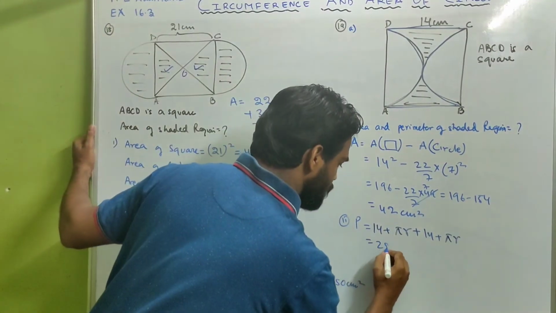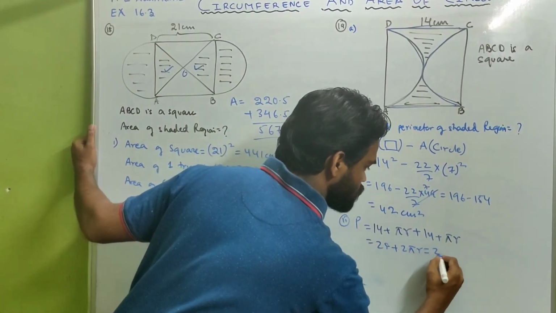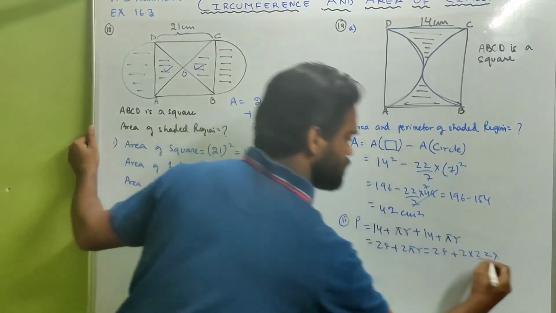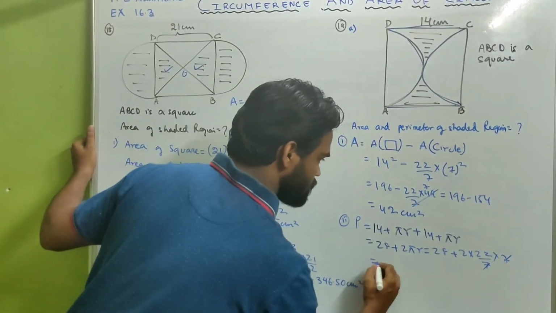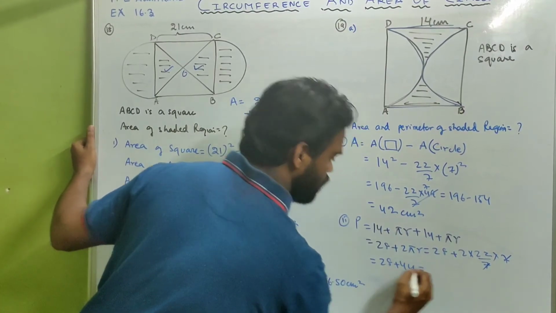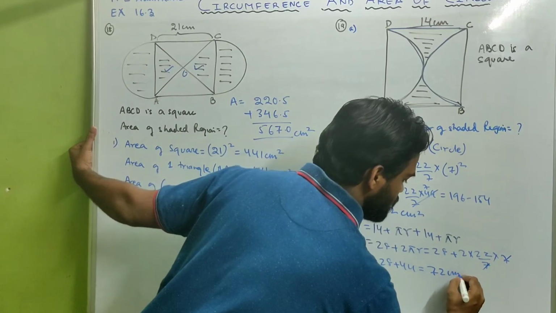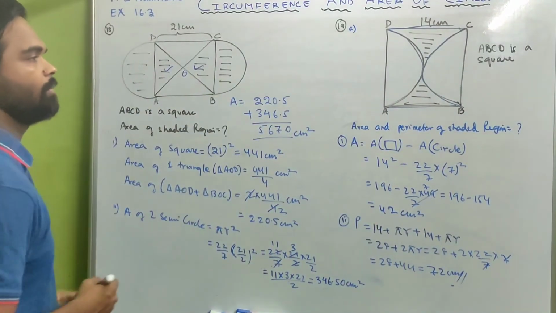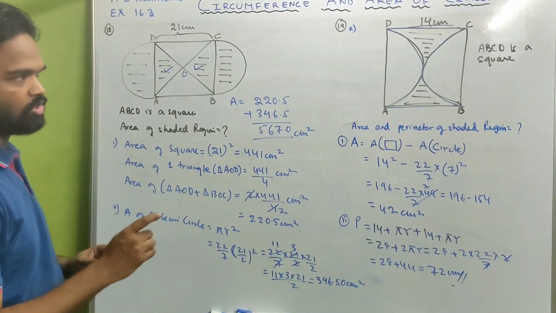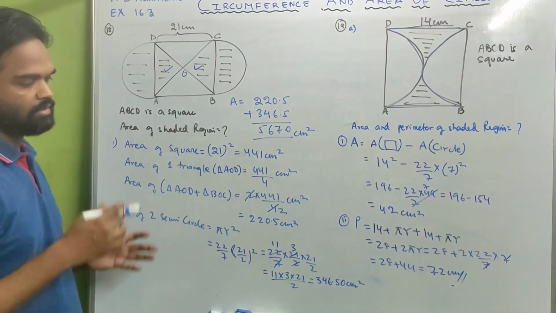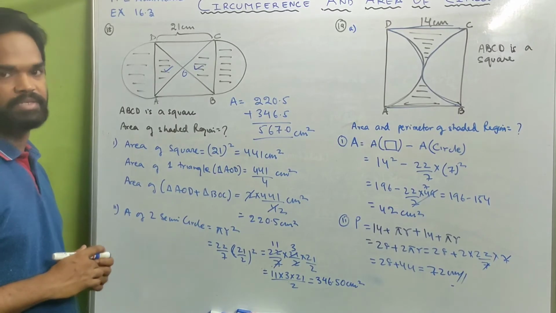Which is 28 plus 2 pi r, which is 28 plus 2 into 22 by 7, and the radius is 7 if I'm not wrong. So that's 28 plus 44. That's how much? 72 centimeter. Done. So the area will be 42, which is area of the square minus the area of the circle, and perimeter is 72 centimeter.